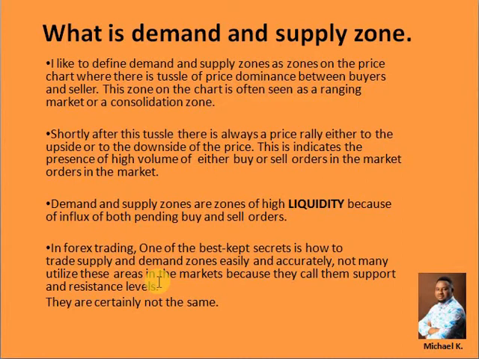Shortly after this tussle, there is always a price rally, either to the upside or to the downside. This indicates the presence of a high volume of either buy or sell orders in the market. This high volume is what creates movement in the market.